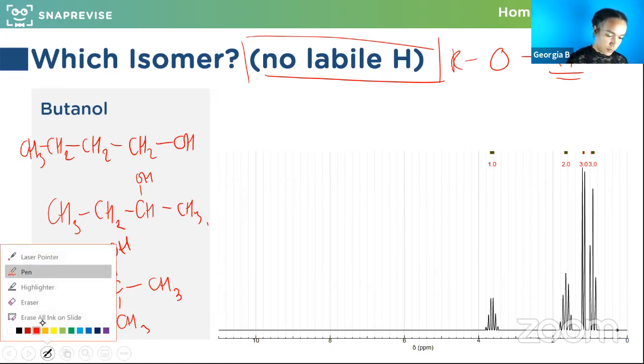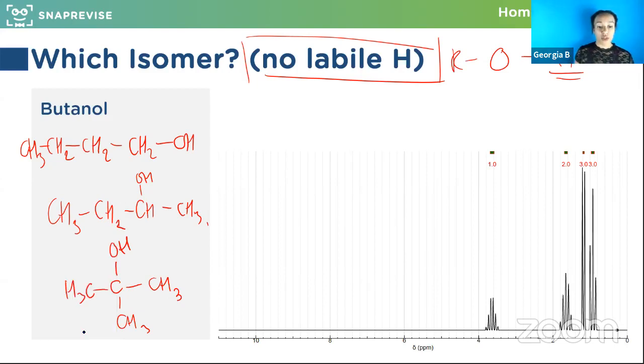Yes, cool. So for the butan-1-ol, we should actually have 4 carbon environments. Mushafi, is that right? I hope that's right. So we should actually have 4 proton environments.